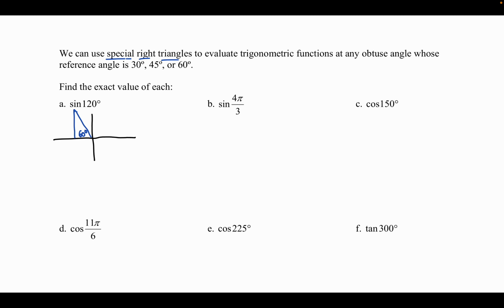So with our special right triangles, since we're evaluating the sine function, all that matters are the ratios. So we don't need to include the x's, we just need to include 1, 2 for the hypotenuse, and square root of 3. Remember, however, that x is going to be negative here, so it's going to be negative 1. All right, sine then is going to be opposite over hypotenuse, so it's going to be square root of 3 over 2.